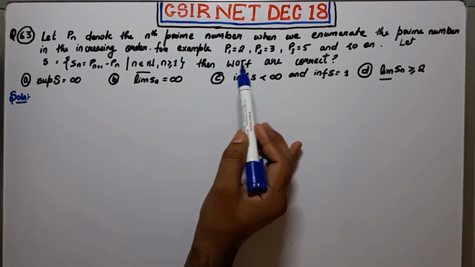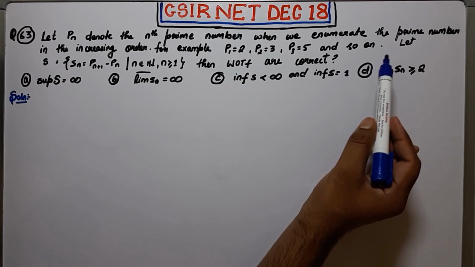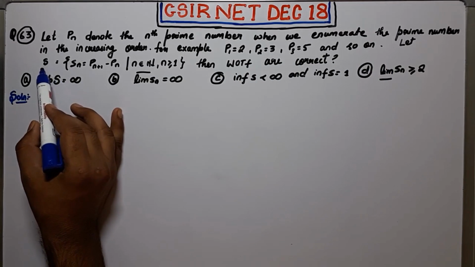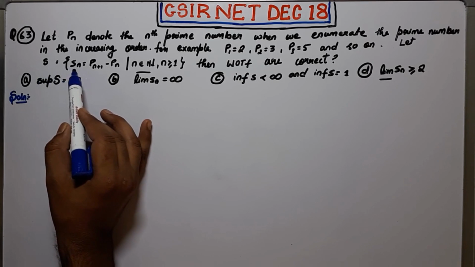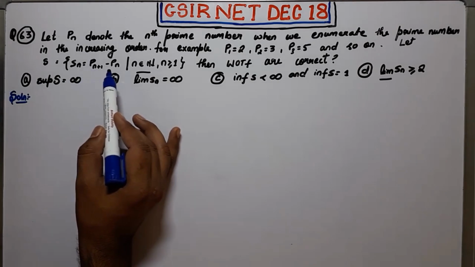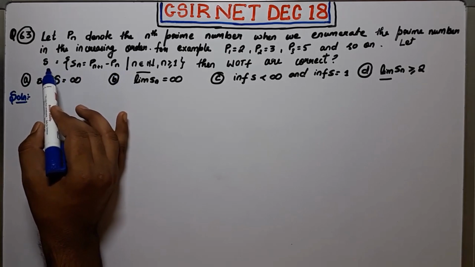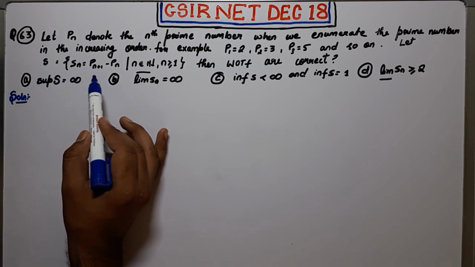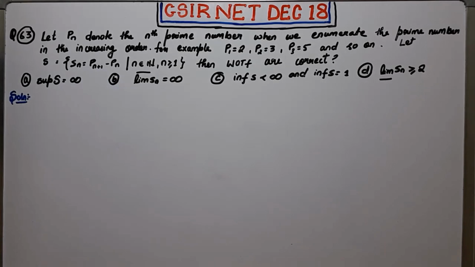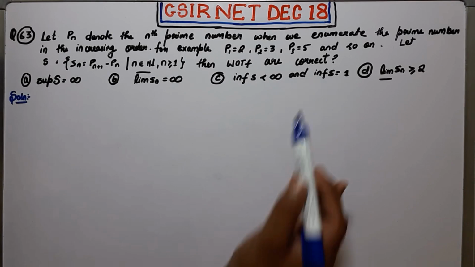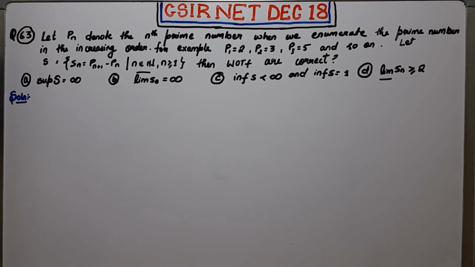They are defining a set S, where Sn is equal to Pn+1 minus Pn. That means set S consists of the difference of two consecutive primes. Then we need to check which of the following are correct.